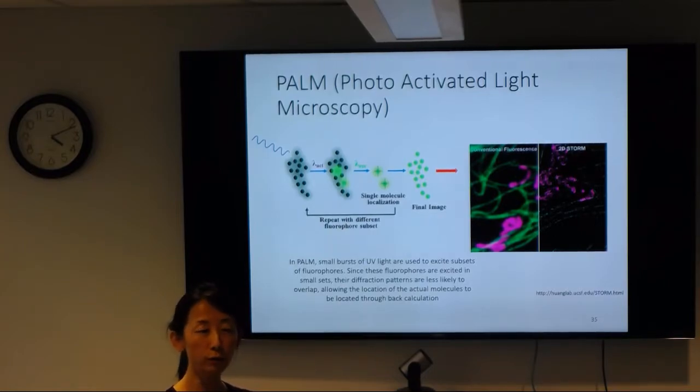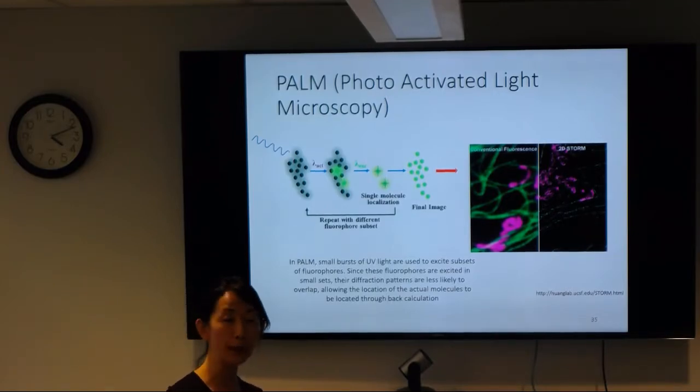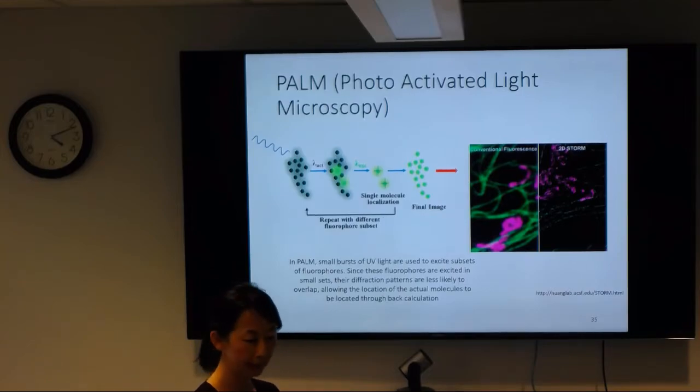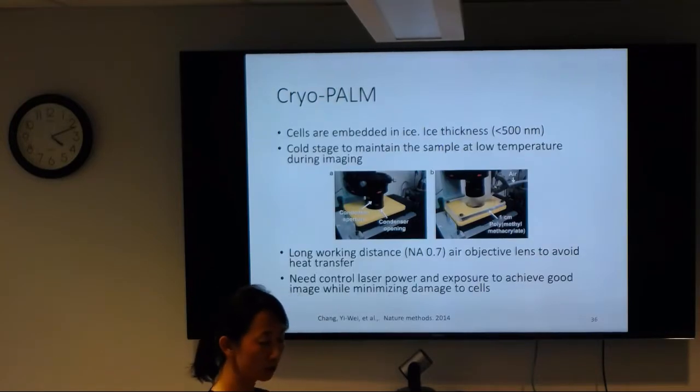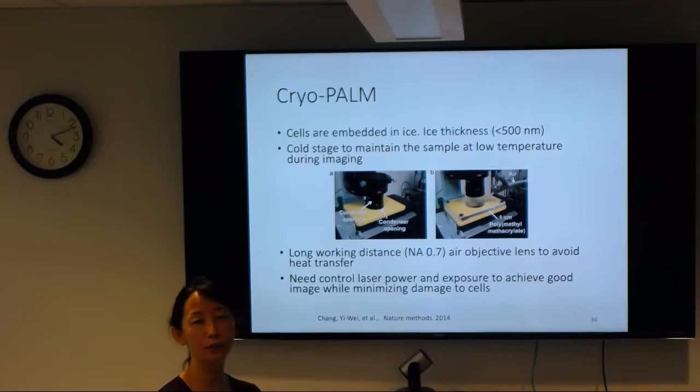So what you do is you have sequential activation fluorophore images. At the end of the imaging session, you computationally add them together so that you have the fluorescence image of your target, but with better resolution just because the signals are not overlapping. Okay. So cryo PALM is basically PALM in cryo temperature.